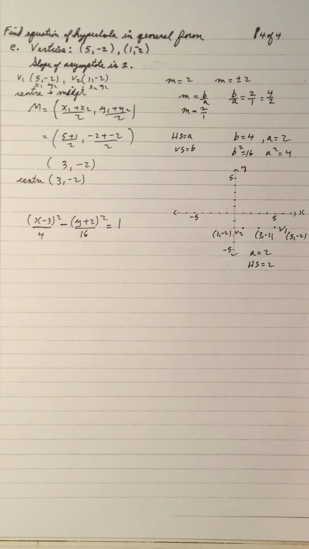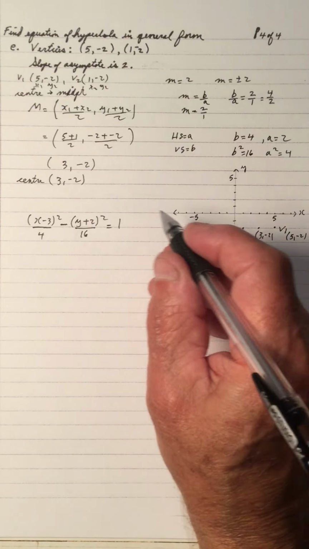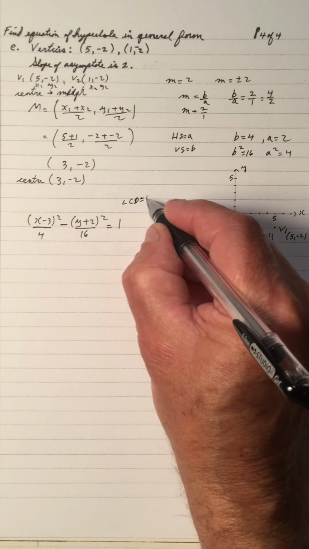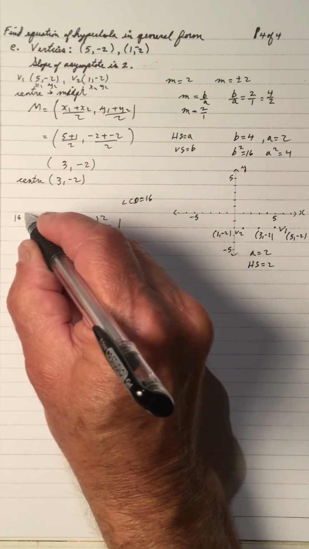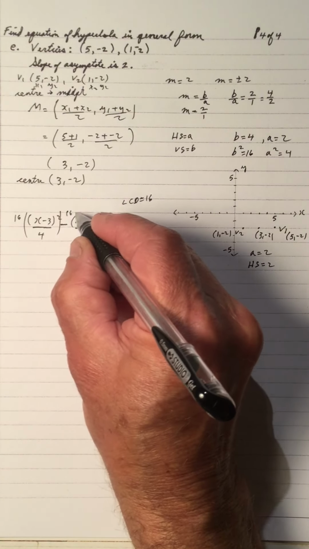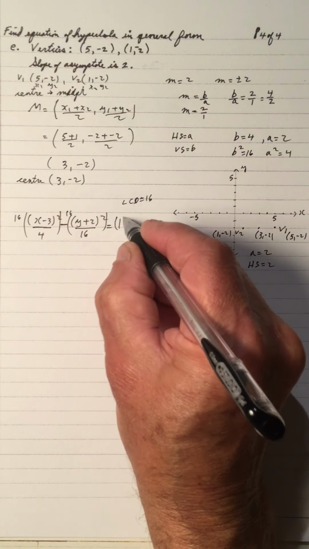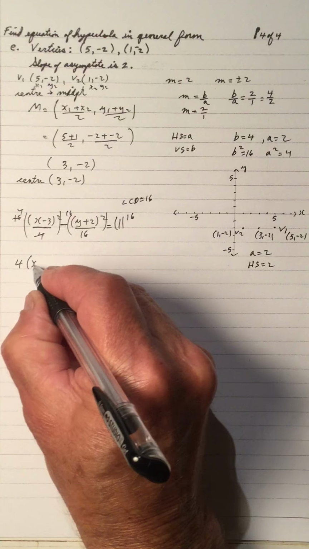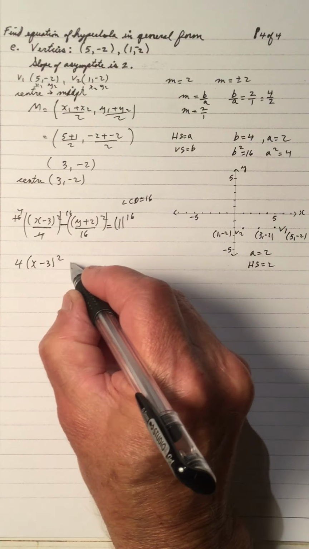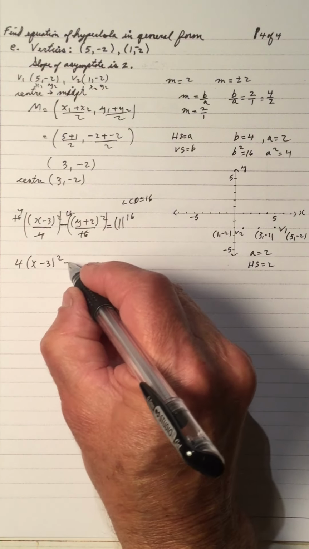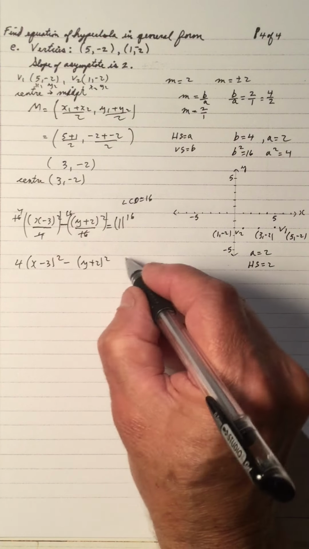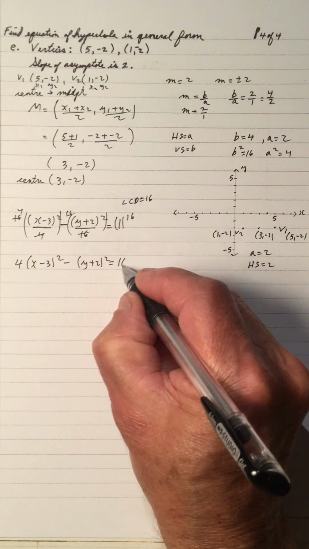We want the general form, so we multiply each part of the equation by the LCD, 16. 4 into 16 goes 4, so we get 4 times x minus 3 squared. 16 into 16 goes 1, so we get y plus 2 squared. 1 times 16 is 16.